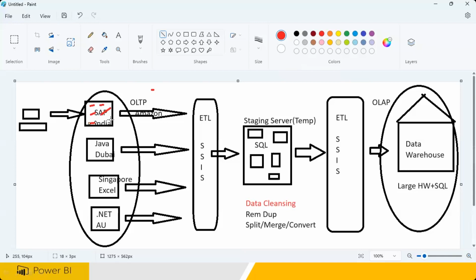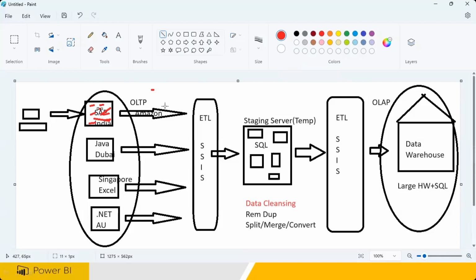So after 1 month or after 1 year or after 6 months, this server will be full. This will have a capability, right? So the server will be full after 1 day or after 1 week, or you could think about after 6 months. So wherever we are giving the fresh data, this server is called an OLTP server. OLTP means what? Online transaction processing.